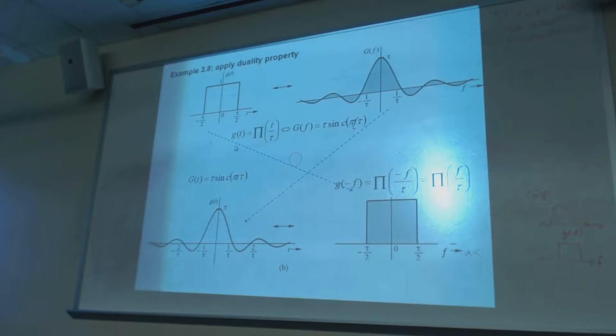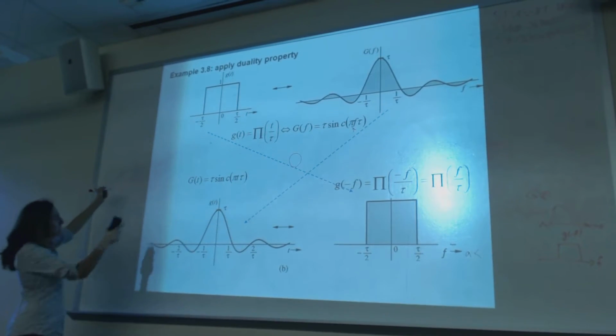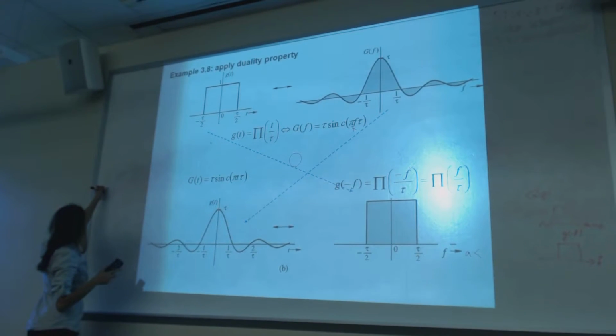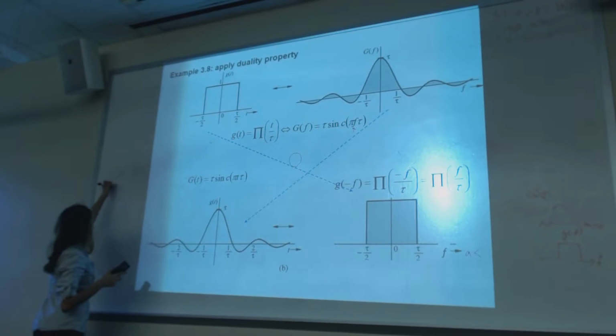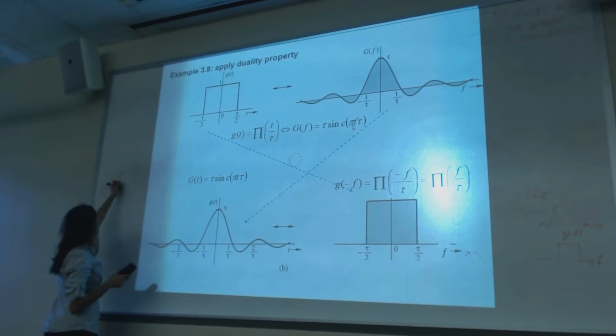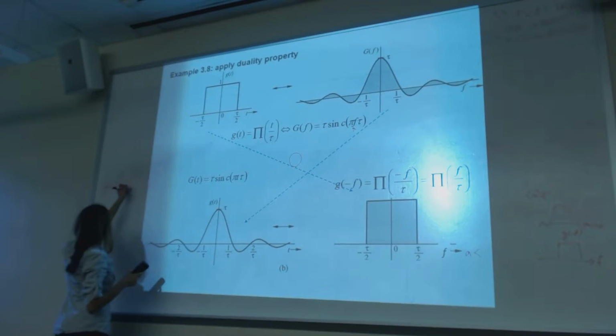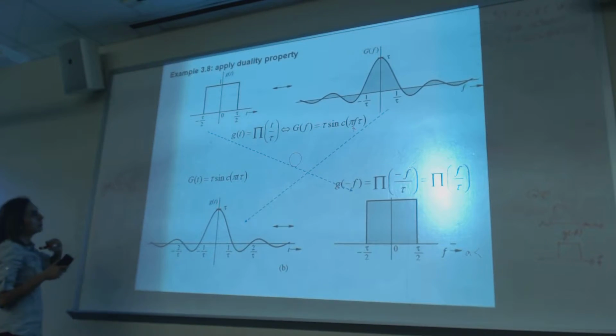Going back to this, if my g of t is that pulse, let's say this pulse of t over tau, let's do it. Let's calculate the numbers.